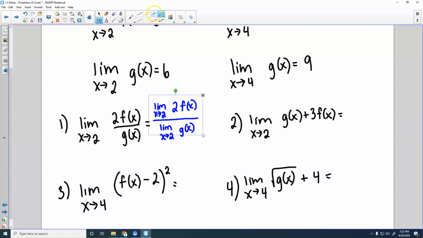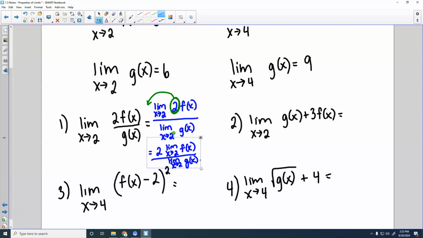And I've got this 2 right here that is a scalar multiple. It's just a number being multiplied by f of x. So I could pull this out here and do 2 times the limit instead. So I could have 2 times the limit as x approaches 2 of f of x over the limit as x approaches 2 of g of x.